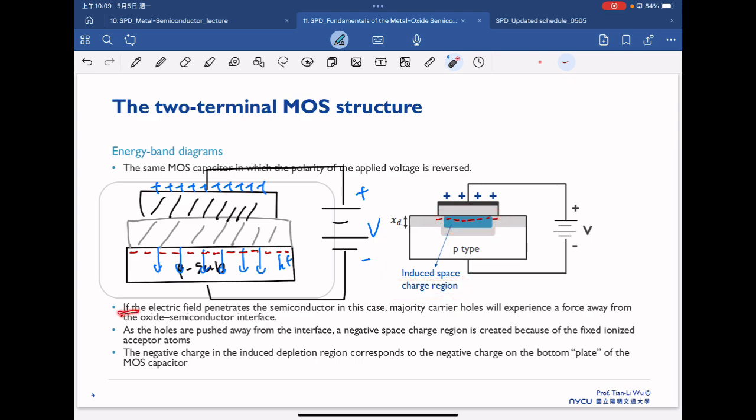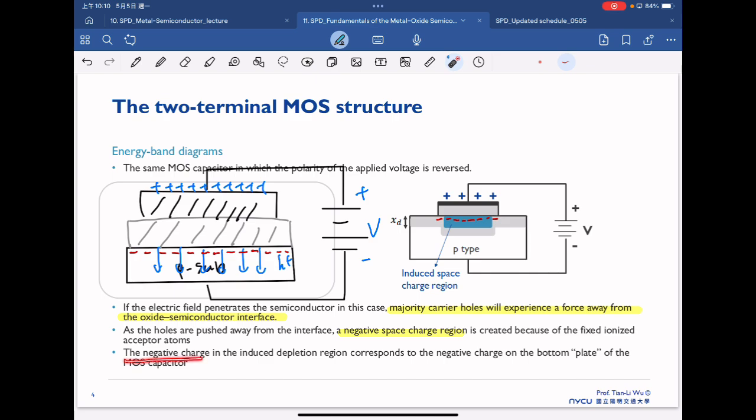So if the electric field penetrates the semiconductor, in this case, majority carrier holes will experience a force away from the oxide semiconductor interface, because now we are considering the situation in the P substrate, where the holes are the majority carrier. And as the holes are pushed away from the interface, then a negative space charge region is created because of the fixed ionized acceptor atoms.